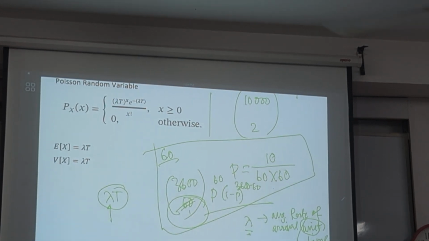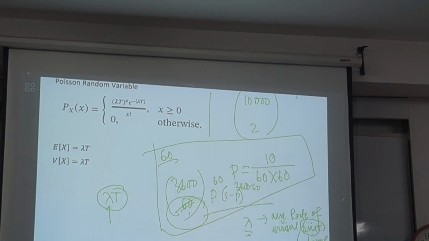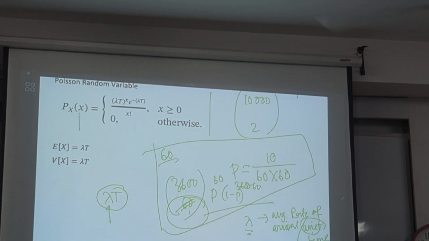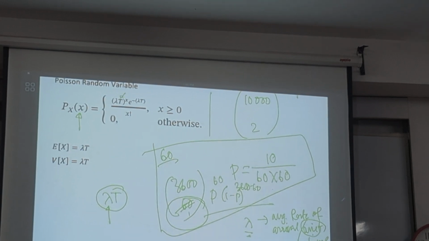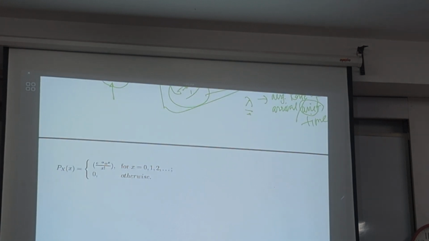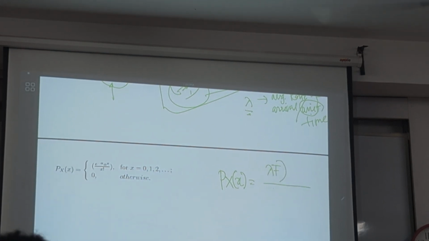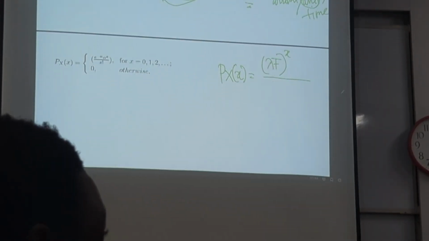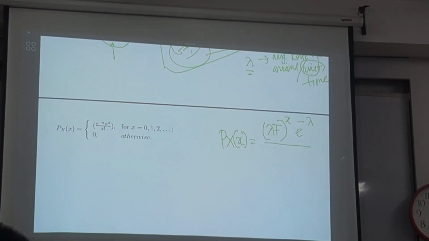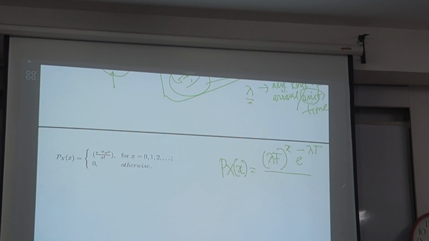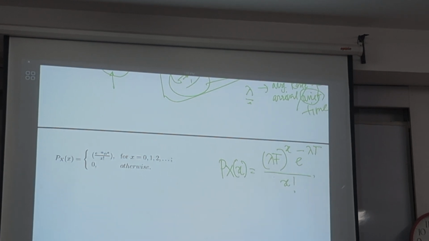Once you have this, the Poisson distribution says that the probability of exactly x customers in time T is (lambda T) to the power x, times e to the power minus lambda T, divided by x factorial, where x is greater than or equal to 0.